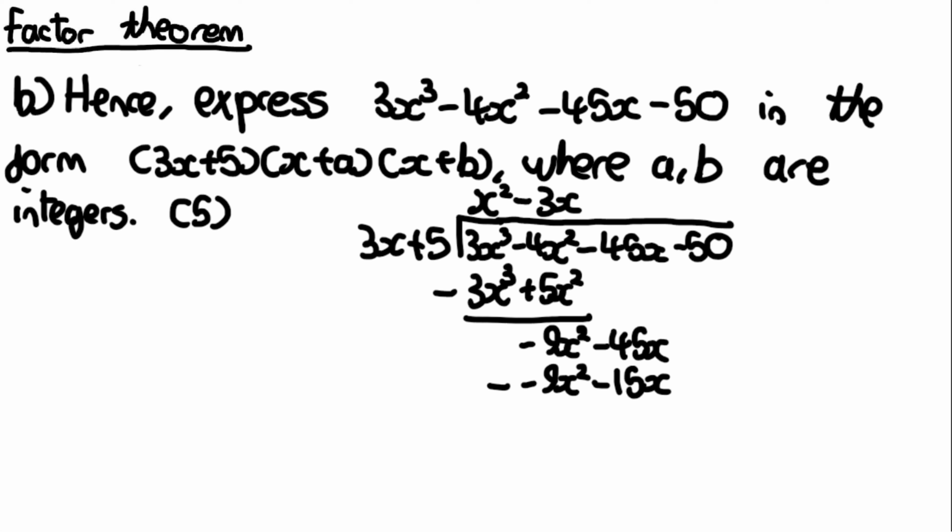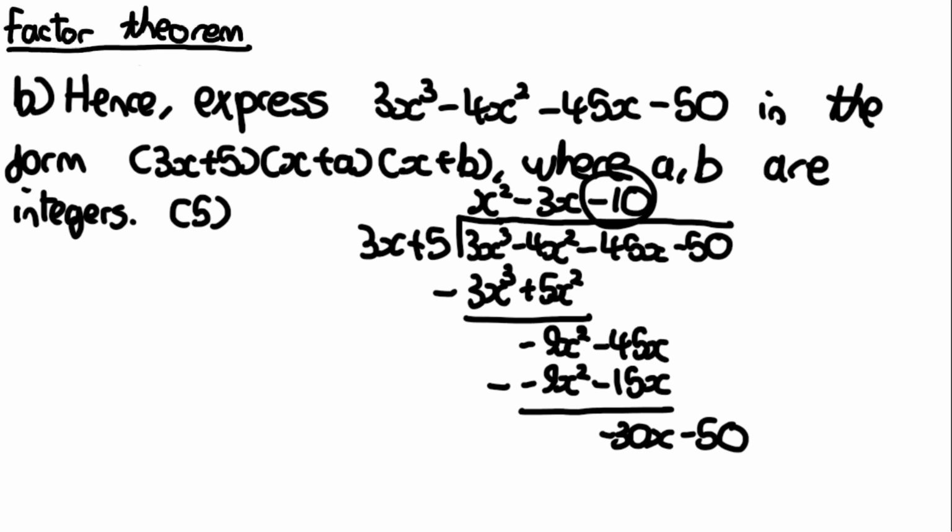Then we need to minus, and these two are just going to cancel out. Then it's going to be minus 45x, remember to include the minus over here, so it's going to be minus 45x minus minus 15x, which is going to be minus 45x plus 15x, which is therefore going to be minus 30x, and then we bring the minus 50 down here, and then we divide the minus 30x by the 3x to get minus 10.